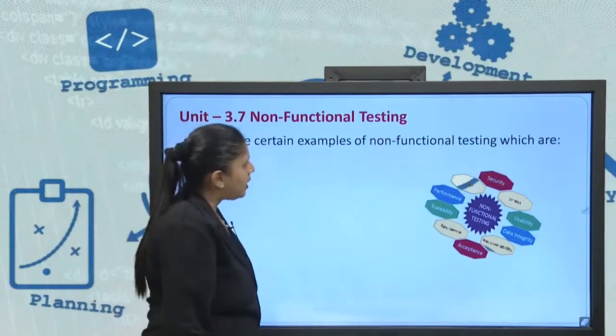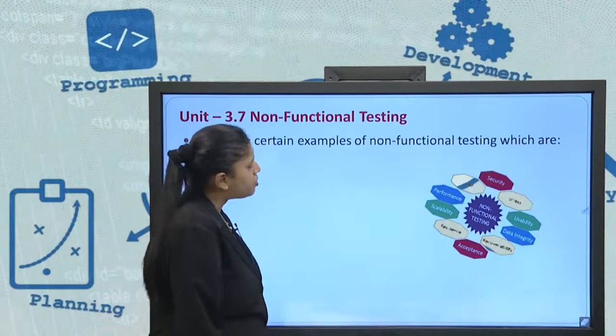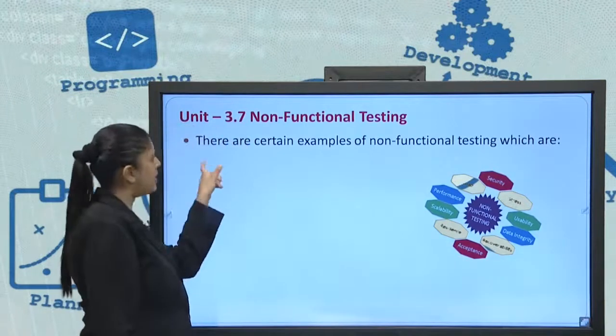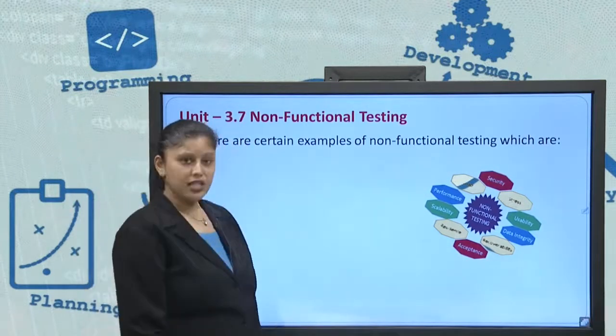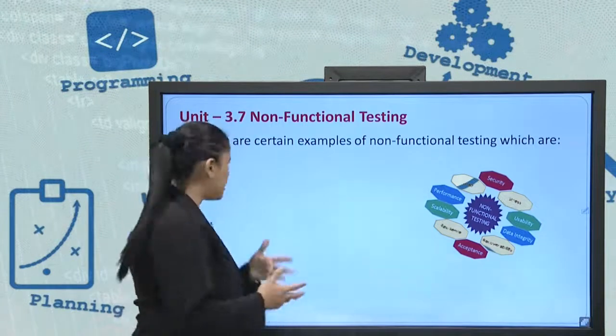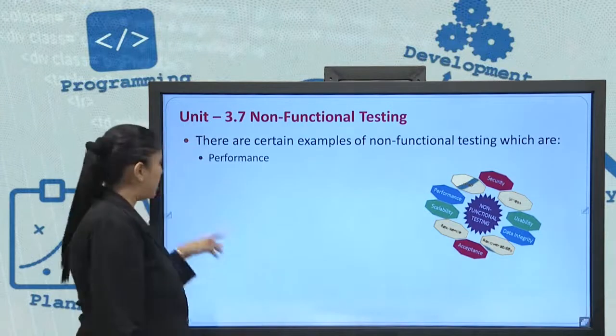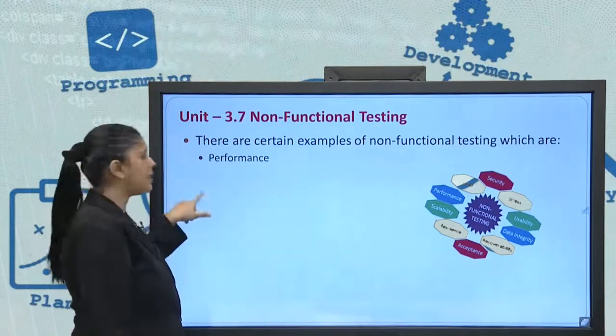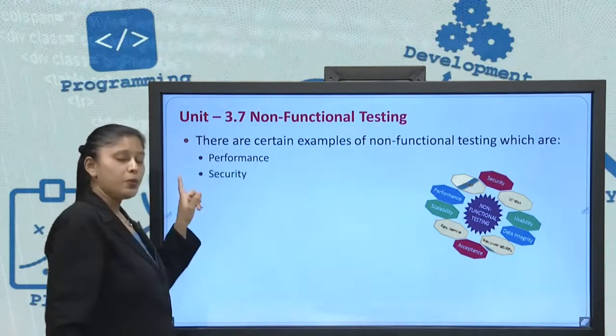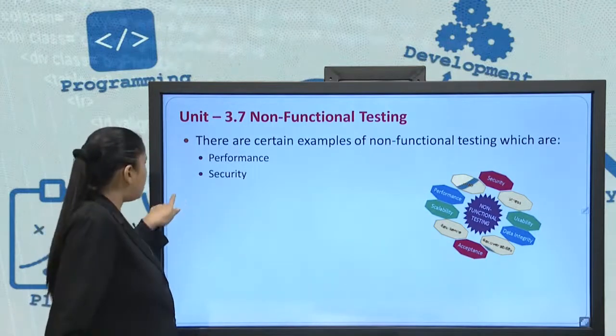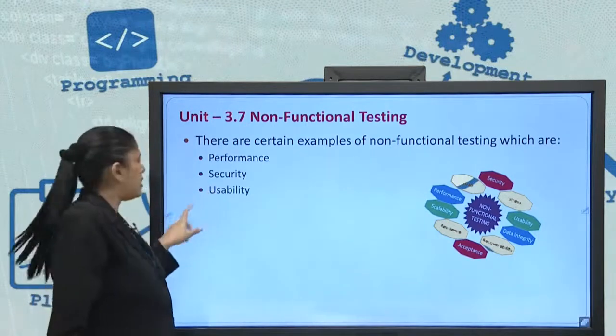Here we will be seeing that we have various kinds of non-functional testing. There are certain examples of non-functional testing, and I will be discussing them one after the other. Let us first see the list of the entire thing. First one is performance. Then the second one is security. I will explain later on. Third one is usability.